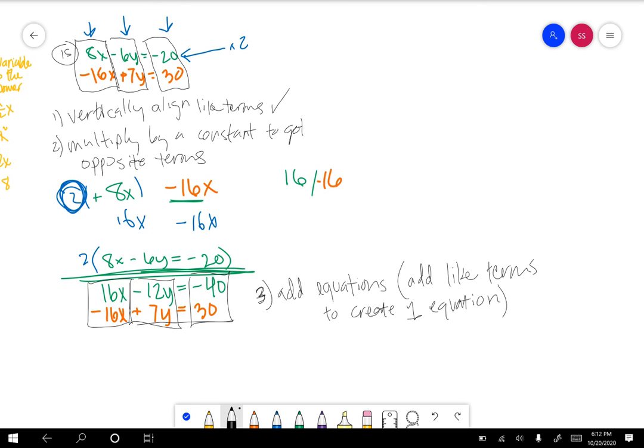Think of it as just like a big addition problem, right? We're gonna add our columns. So 16x minus 16x, well, that cancels out and gives us 0, right? So we can just leave that part blank. Next, we would have negative 12y plus 7y, and that would give us a negative 5.